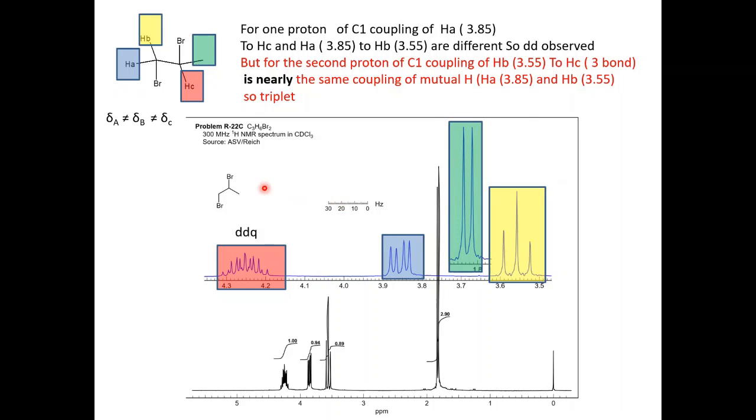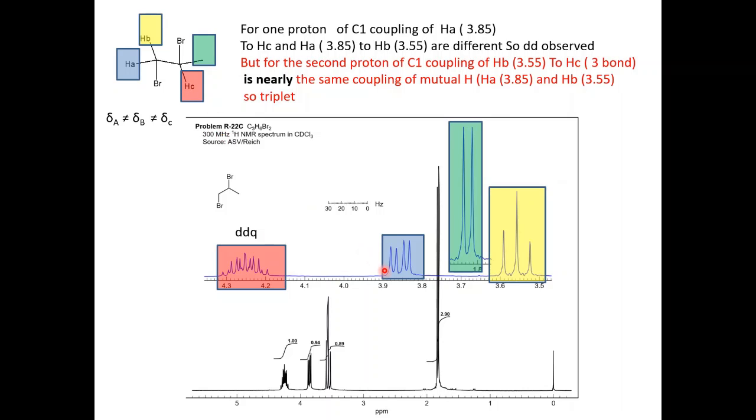So this is the example. You can find a lot of examples on the internet, this one is also taken from the internet. This is an example where we get the apparent triplet. I will repeat again, the coupling constant of this one and this one is nearly the same. But the coupling constant of this one and this one is not nearly the same.